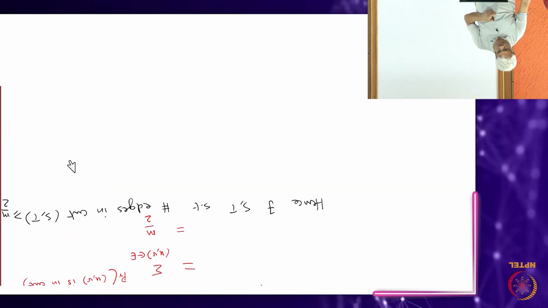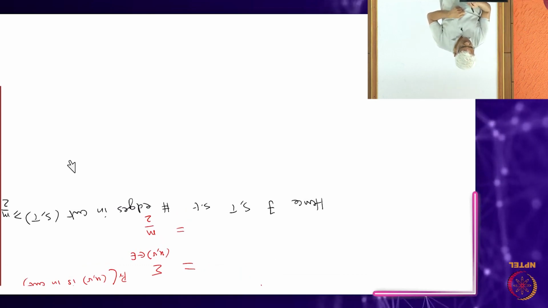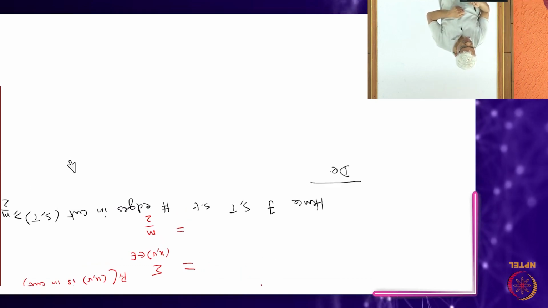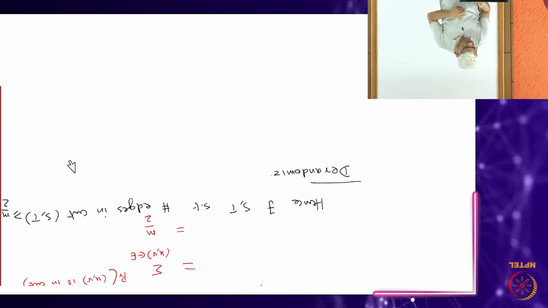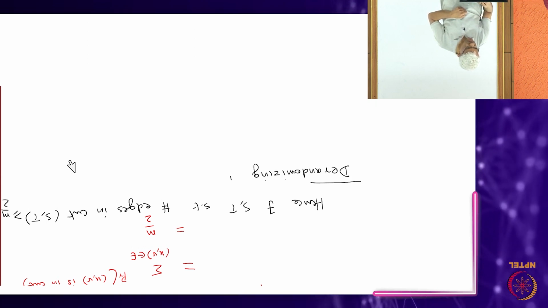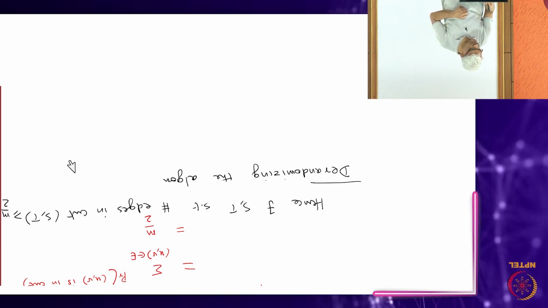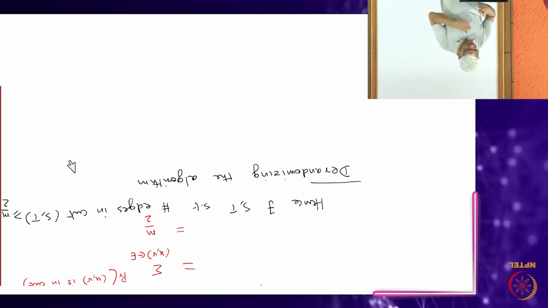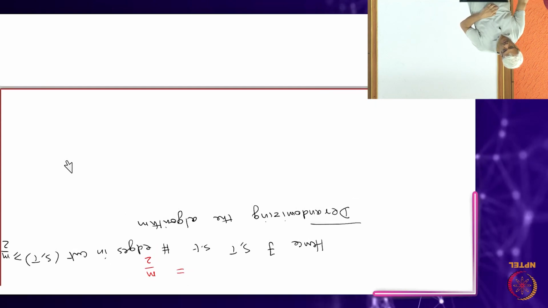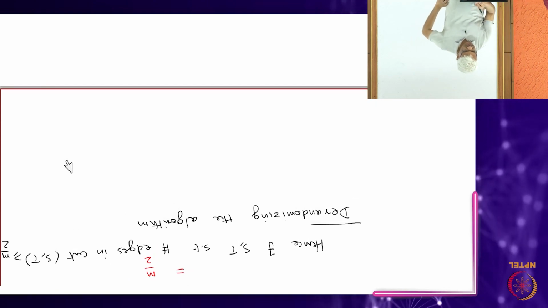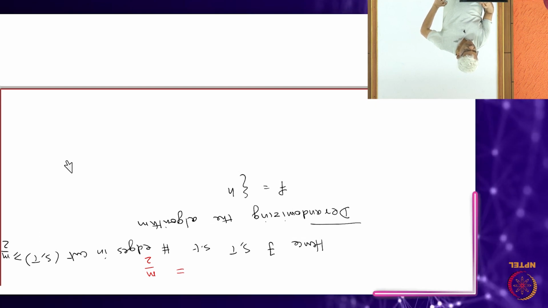Okay. So, de-randomizing the above algorithm. Now I am going to use this family HAB.